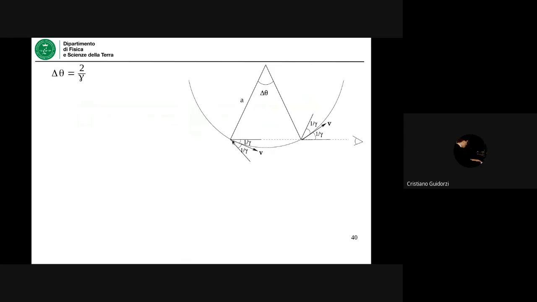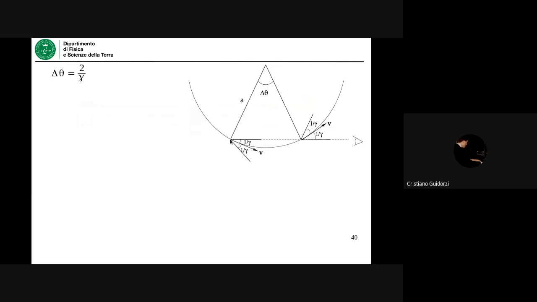When the electron is here, if you look at the line of sight pointing towards you and the relativistic beaming cone, you don't get any radiation. When it is here, you start seeing it, because the line of sight enters the cone of emission, the cone within which most of the radiation is emitted by the electron.